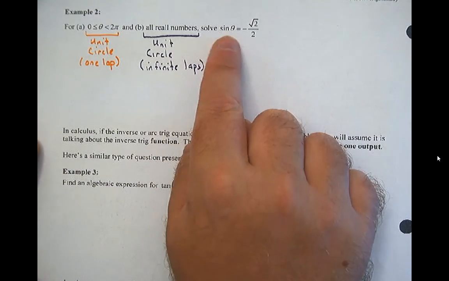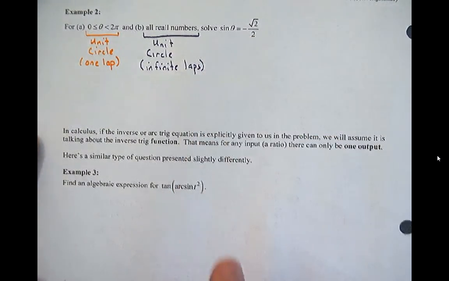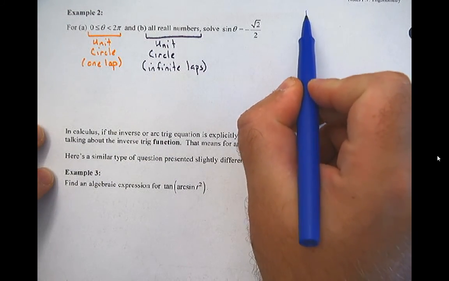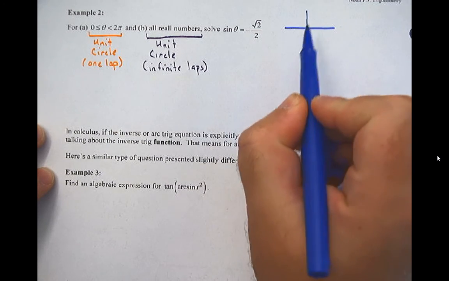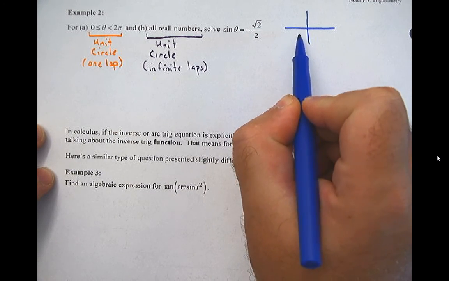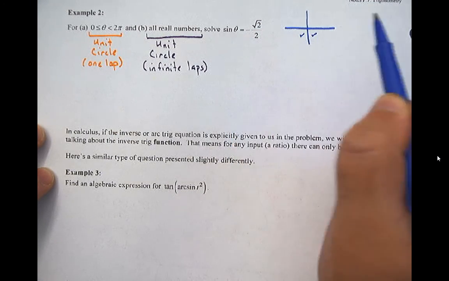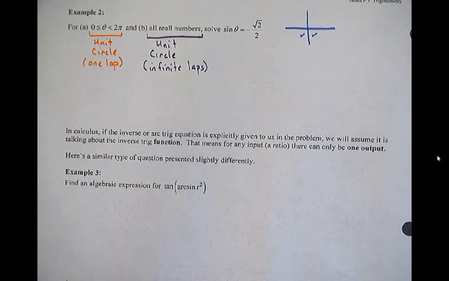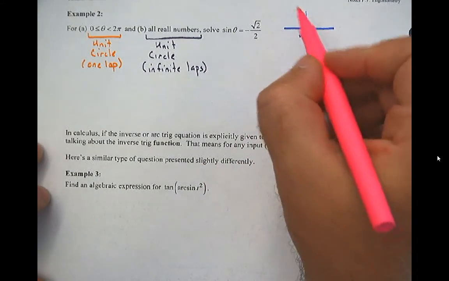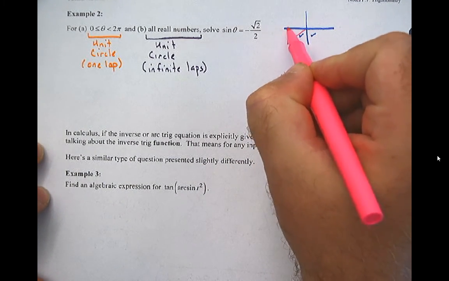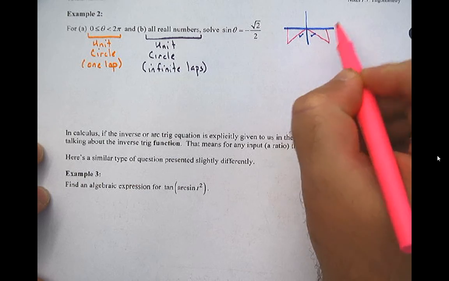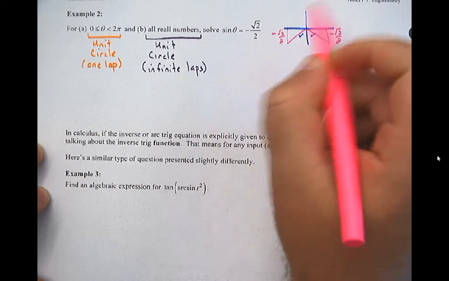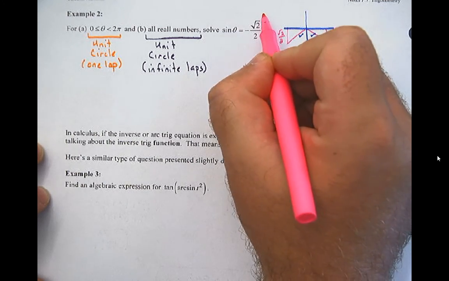Okay, so our equation is sine of theta equals negative square root 2 over 2. So let's figure out where that lives first. Sine is negative down here and down here. Check and check. Sine is square root 2 over 2, so what triangle could I draw that would have a sine value of negative root 2 over 2? Hopefully you figured out that we were counting by 45s.